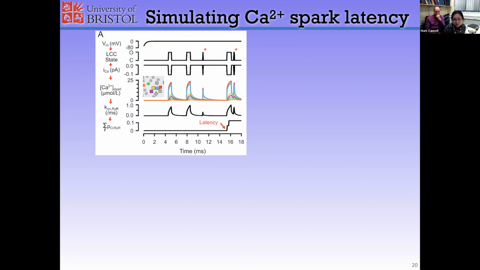Then the second trace shows L-type calcium channels gating stochastically, and these then relate to calcium influxes. These calcium influxes then cause an increase in calcium concentration in the dyad, and the colors correspond to the locations indicated by the inset.